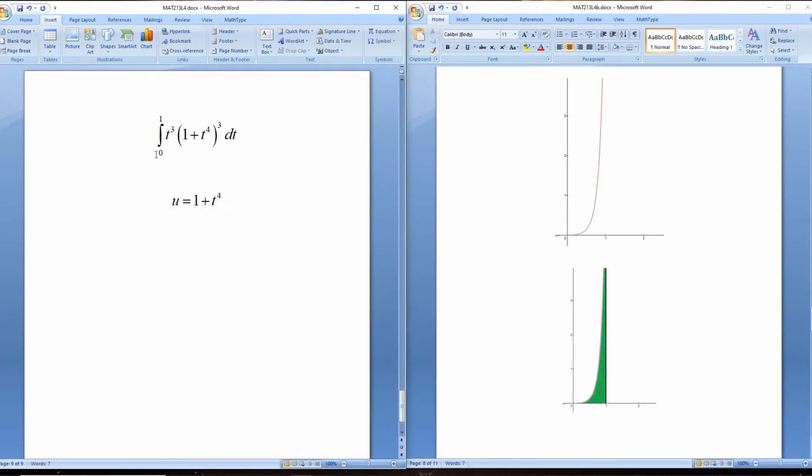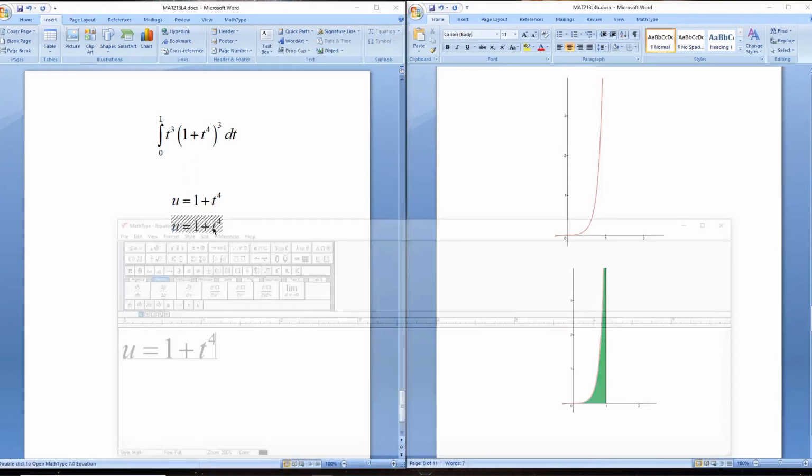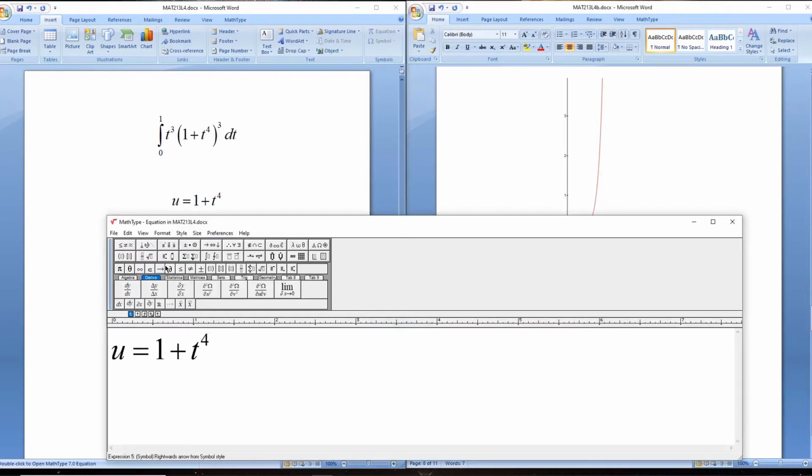And once we have our u substitution, remember we're always going to take the derivative of that. We want to take the derivative of both sides with respect to x. Well, actually, we're using t here. Derivative of a constant is 0, and the derivative of t to the 4th is 4t cubed.